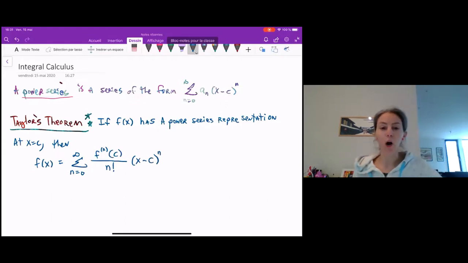In other words, our coefficients of the power series, that a sub n, can be written as the nth derivative evaluated at c divided by n factorial.